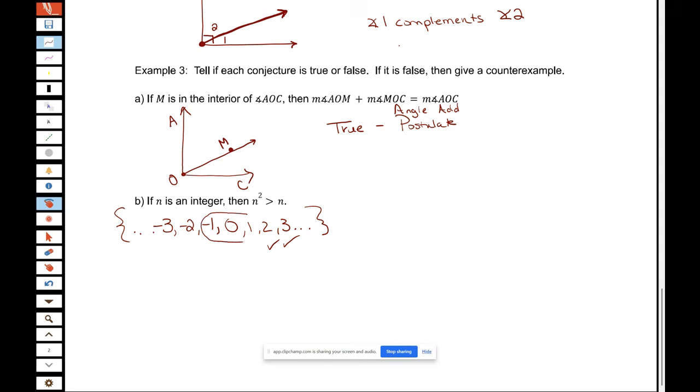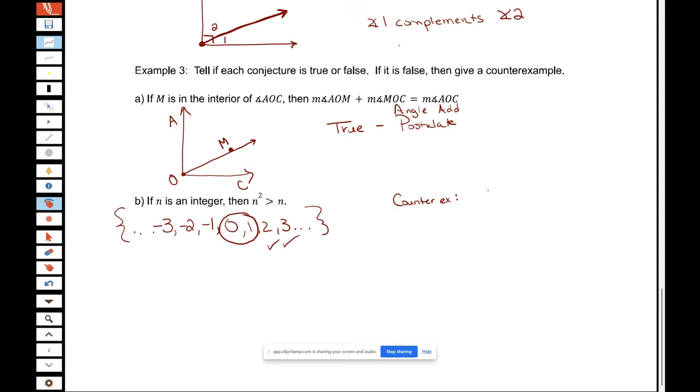But it's not true for these three integers, so they could all be a counterexample. -1 squared is not, well, that one is true. I'm sorry. -1 squared is 1, which is bigger than -1. So that one we're going to take out of there. So actually it only is false for these two. So they will be our counterexamples.